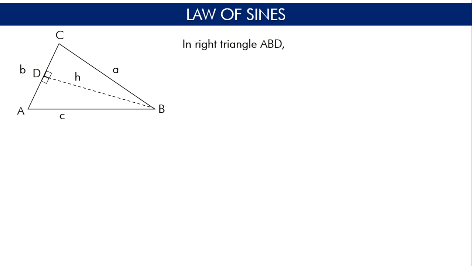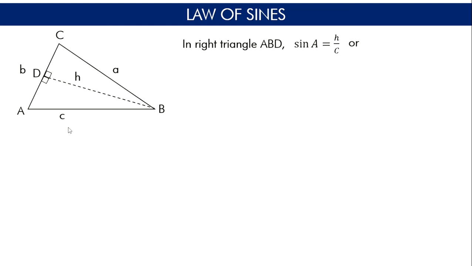So in right triangle ABD, let's identify the trig ratio sine A. In sine A, its opposite is h, and its hypotenuse is c.